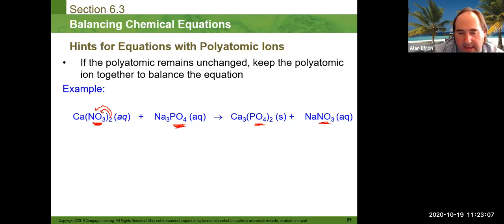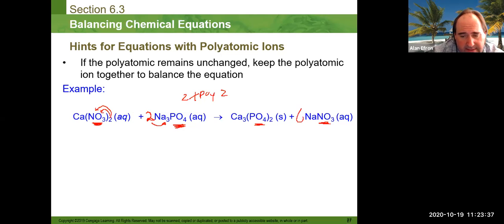So what I mean by that, for example, is if we look at the phosphate, we have one phosphate on the left, so one PO4 on the left and two on the right. We can easily fix that by putting a 2 in front of here. What that does is it gives me two phosphates on the left, but it immediately also changes my sodium to 6, which tells me where I should go next, which would be over here.